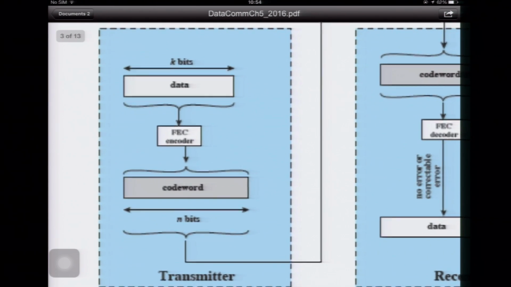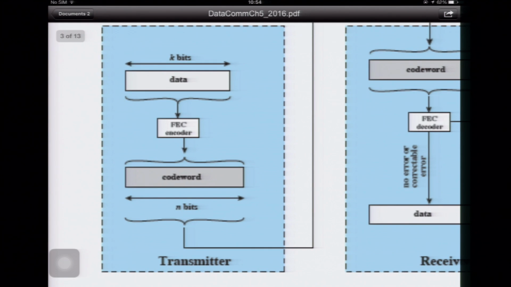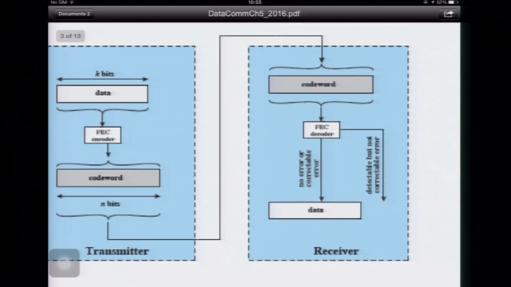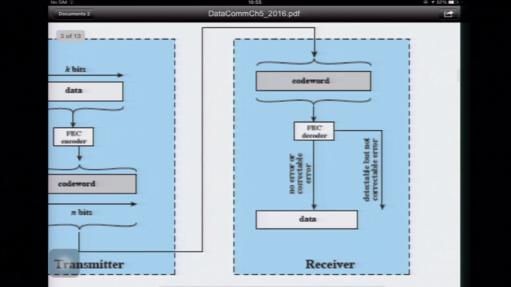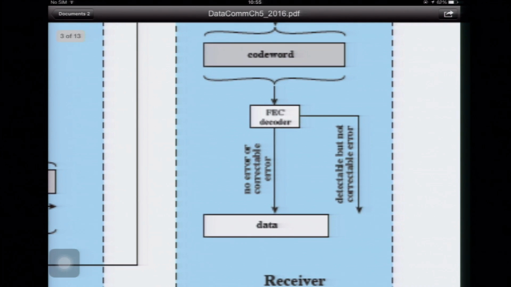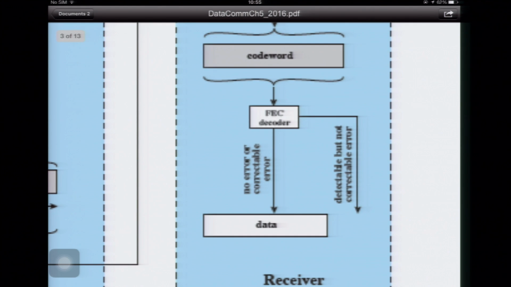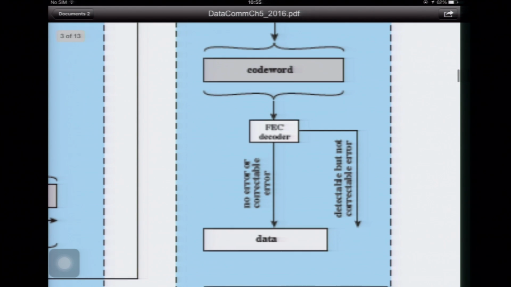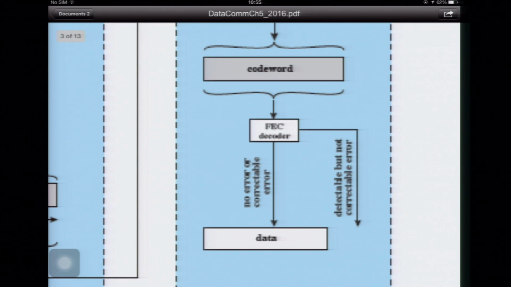So if you have k bit data coming in, and then you go to the FEC. FEC is the forward error correcting encoder, and then you change the data into the code word, which is n bits, and then you transmit it to the receiver. The receiver receives the code word, and it will go to the FEC decoder. The forward error correcting decoder will look at the code word and compute whether there is an error in the code word or not.